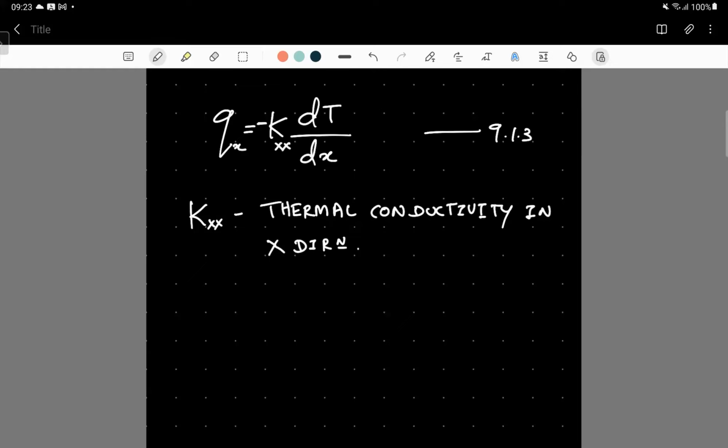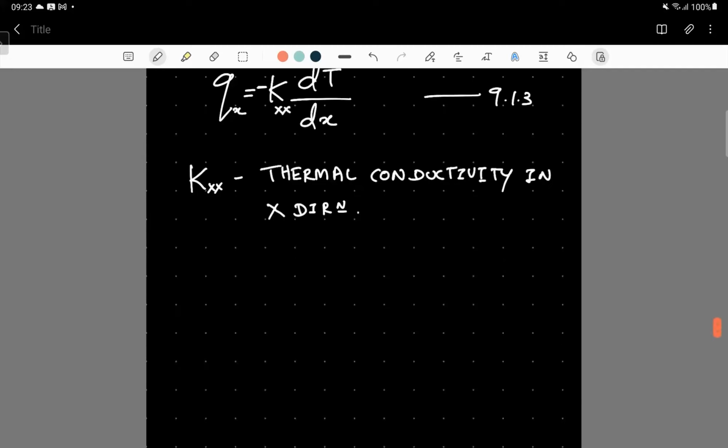It is quite clear that you can find an analogy between this heat transfer and momentum transfer and mass transfer problems. Depending on which type of problem you are tackling, the constitutive equation, the physical equation, will change.